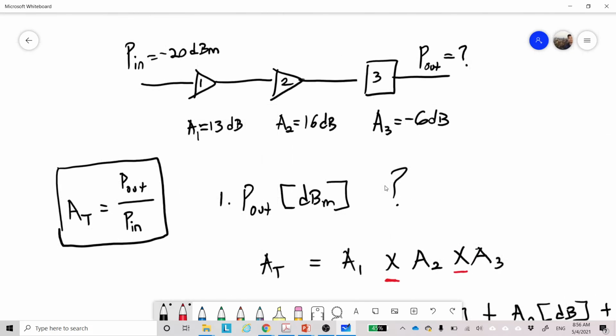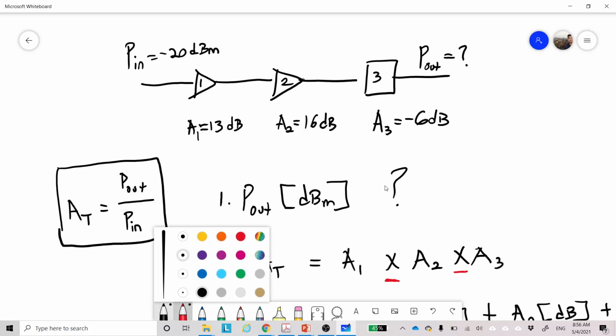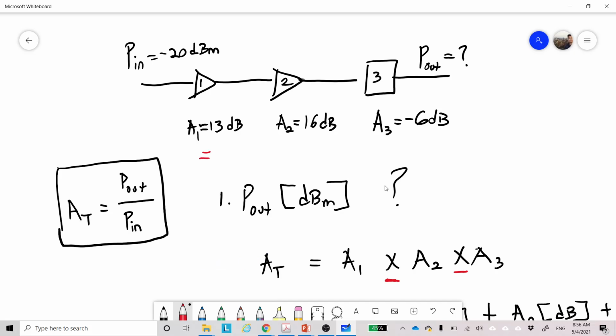So what you need to do is change the value of decibel into absolute value. Okay, ni boleh try ya. Anti-log 1.3. Sebab you kena bahagi 10 dulu. You need to divide with 10 and then you can do the anti-log.